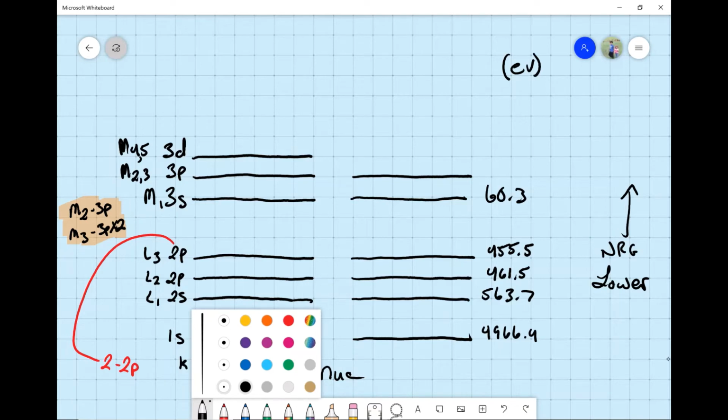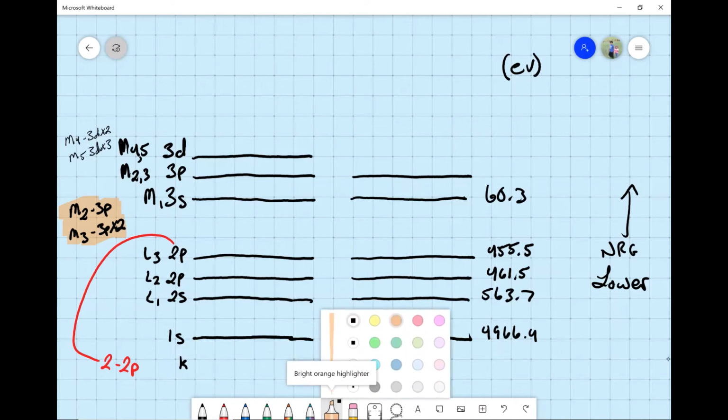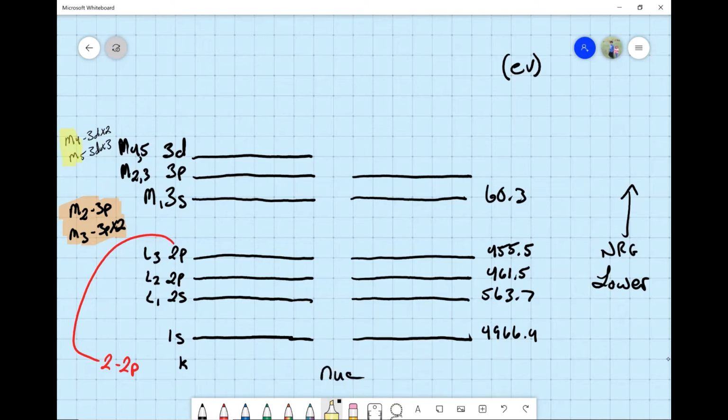So, what did I just say? Sorry. M4 is 3D times 2. M5 is 3D times 3. Okay? And I will highlight this. Maybe I'll use a different highlighter color for funsies.